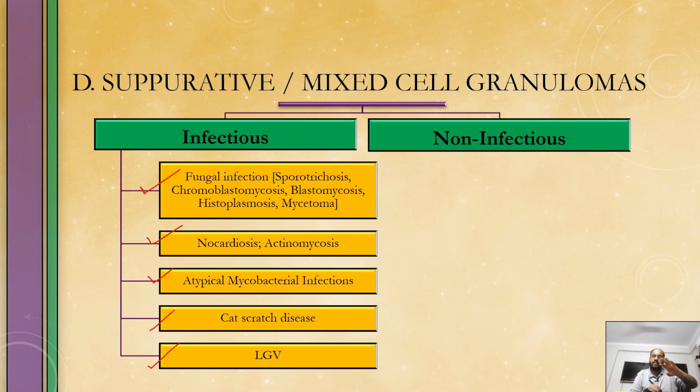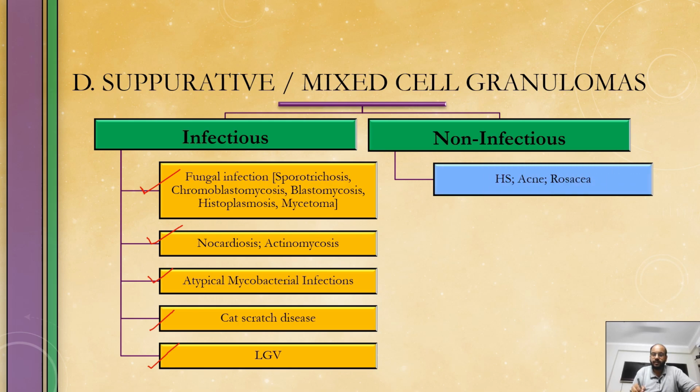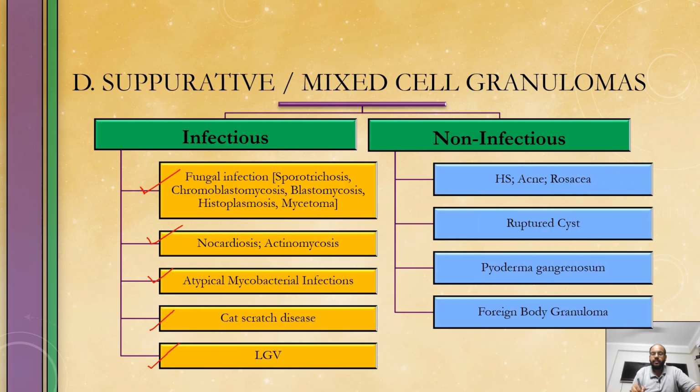So infections have majorly fungal infections followed by bacterial infections. The non-infectious causes of mixed cell granulomas include hidradenitis suppurativa, acne, rosacea, if the cyst gets ruptured, pyoderma gangrenosum, and in fact even foreign body granulomas.